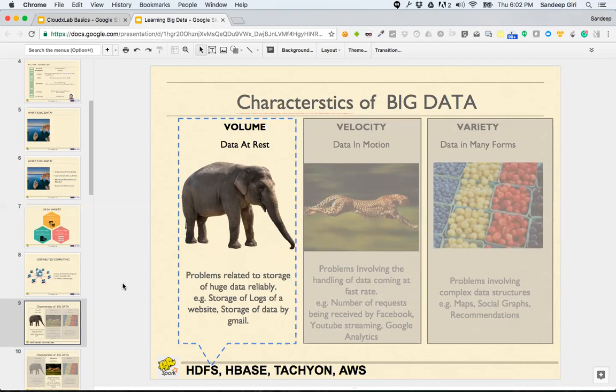So if, by virtue of volume, you are not able to handle a particular business problem, then you call that business problem a big data problem because of volume. In such cases, you generally go with solutions like HDFS, HBase, Tachyon, or AWS.